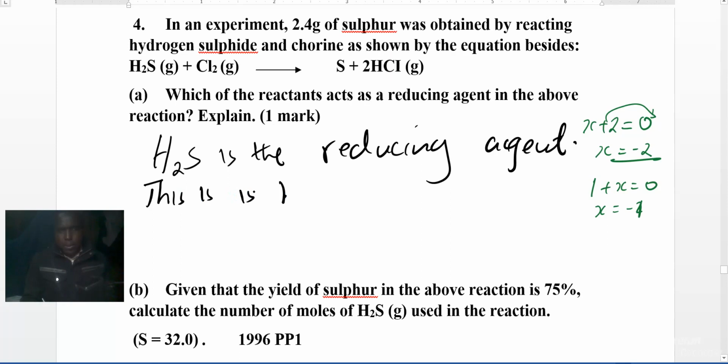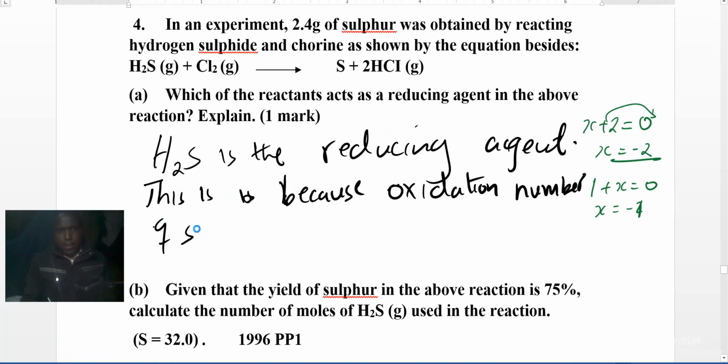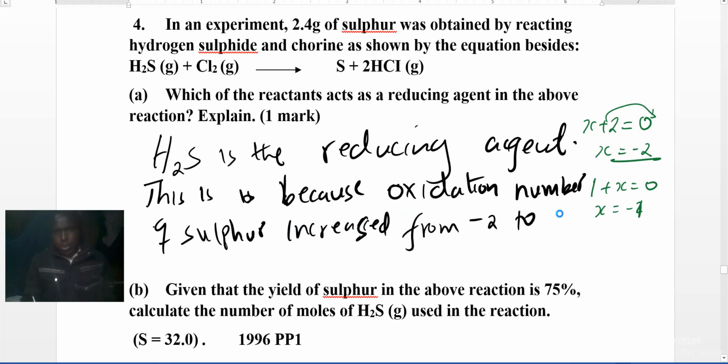This is because the oxidation number of sulfur increased from -2 to 0, and that is the reason.